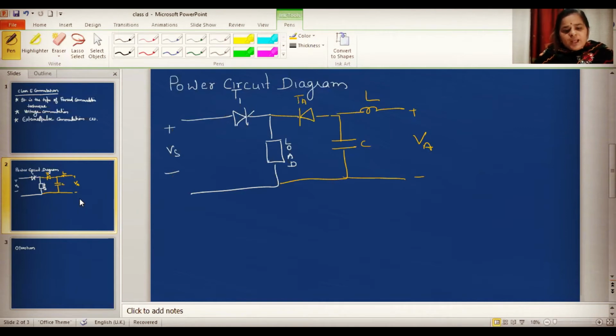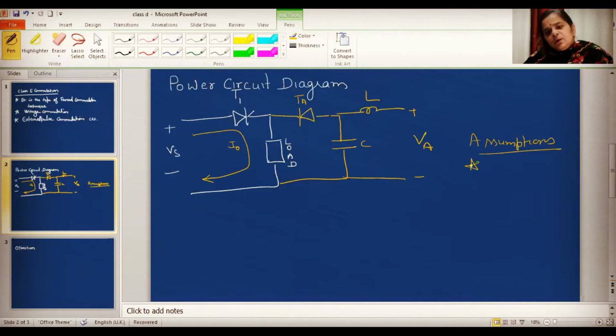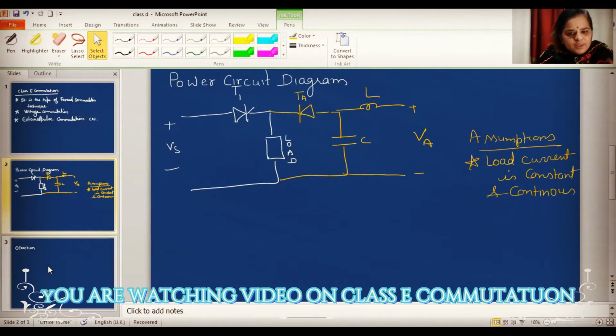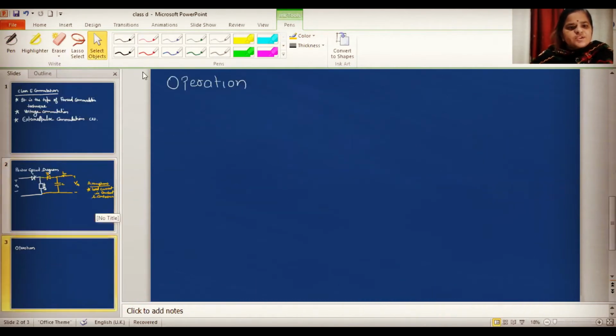Now let us try to understand the process of commutation. Let me draw the circuit. During normal condition, the current flows like this. This is your load current. Again, the assumption is that the load current is constant and continuous. Now let us understand its operation.